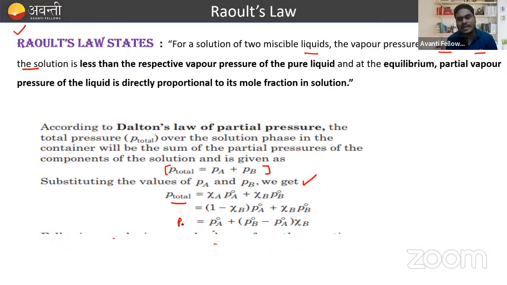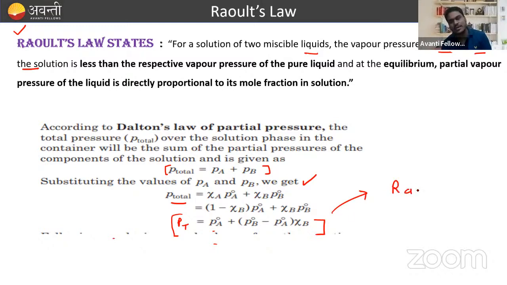So this P total comes out to be, yani total vapor pressure is equal to P naught A plus P naught B minus P naught A multiplied by its mole fraction. Okay, so this is known as Raoult's law for volatile liquids.